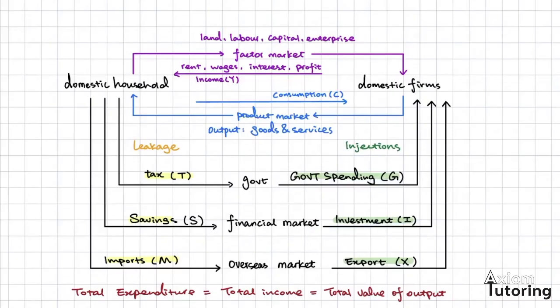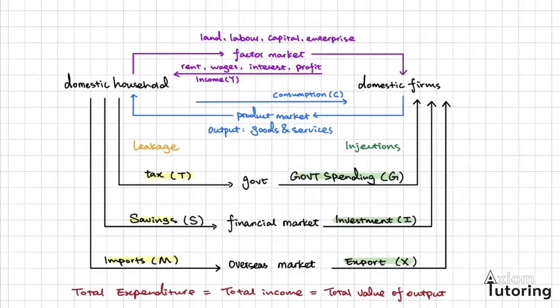Foreign households and businesses purchase goods and services produced by domestic firms, and this brings additional spending into the economy from overseas. Together, government spending, investment, and exports are called injections because they add spending into the circular flow.